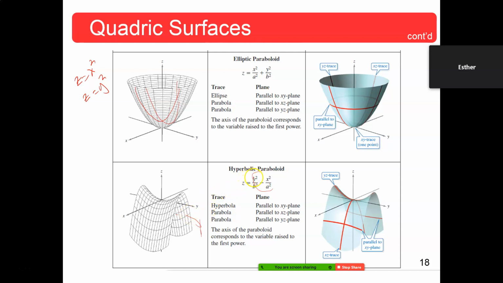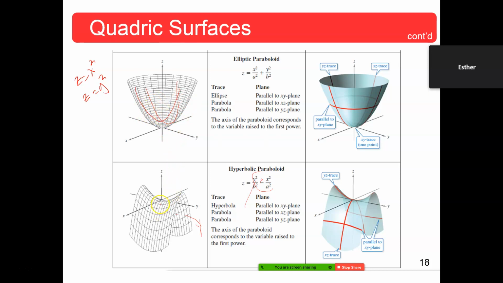If you have what they call the saddle point here, those are opening downward. Parabolas, I'm sorry, not hyperboloids. Here's where the hyperbolic part comes in. The elliptic traces parallel to the XY plane here, those are ellipses.